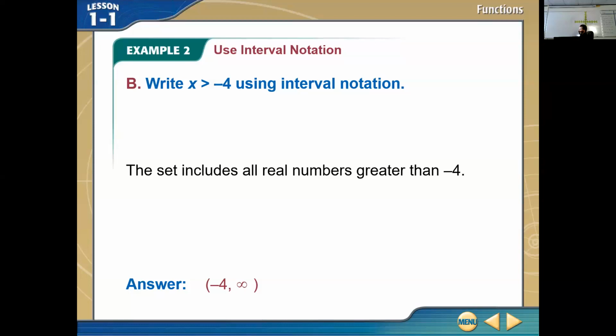Okay, so it has to start at -3.9 or -3.99999. It just never can touch -4. Okay, it's very helpful when you're using these to describe domain and ranges of your functions. It makes it very quick, very easy using the interval notation.